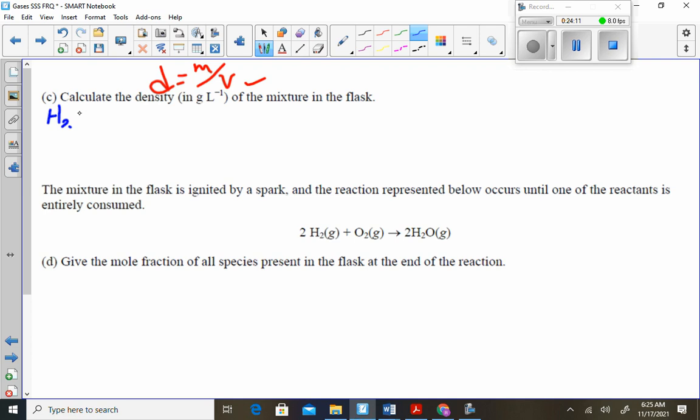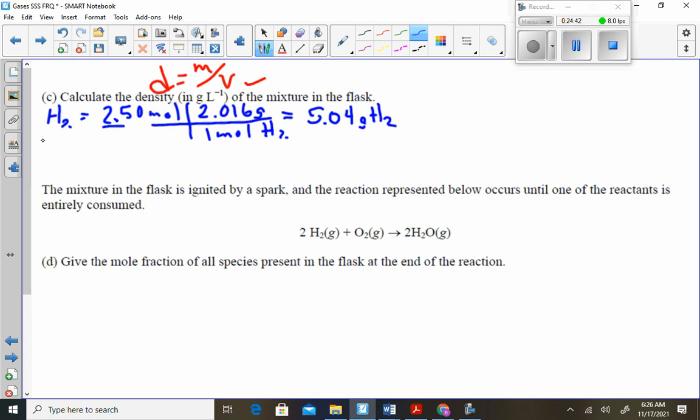For hydrogen, we know that there are 2.5 moles of hydrogen. To find the mass, we multiply by the molar mass, because for every 1 mole of hydrogen gas we have 2.016 grams. And so we have a total of 5.04 grams of hydrogen in that flask.